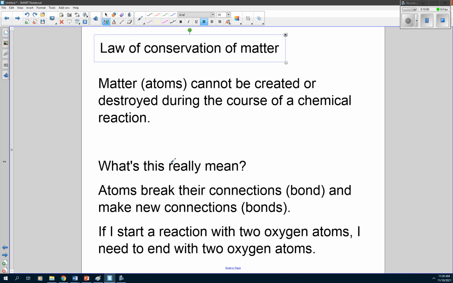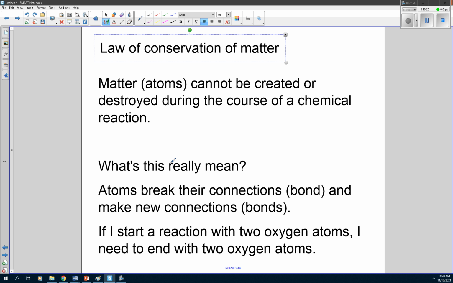Now there's a slight tangent to that, because in nuclear reactions, you can turn one atom into another atom. With alpha decay, you can turn uranium into thorium. And with beta decay, you can turn carbon-14 into nitrogen-14. Well, that's not what we're talking about here in a chemical reaction, okay?